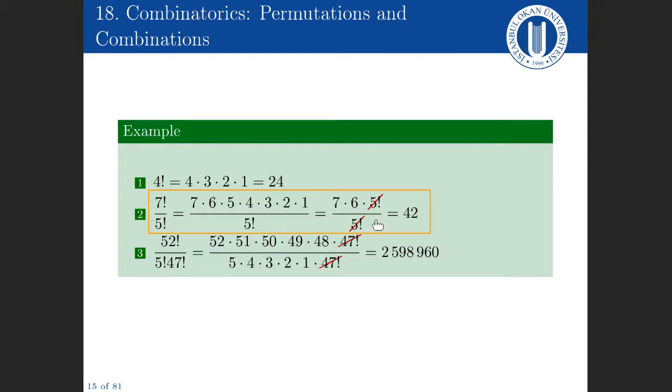We can think of this as 7 multiplied by 6 multiplied by 5 factorial divided by 5 factorial. 5 factorials cancel and we end up with 42. Likewise, and I'll leave this one for you to check, 52 factorial divided by 5 factorial multiplied by 47 factorial is 2,598,960.